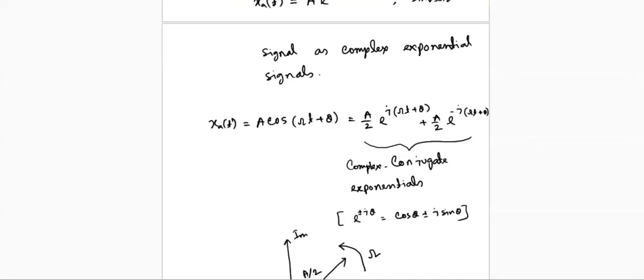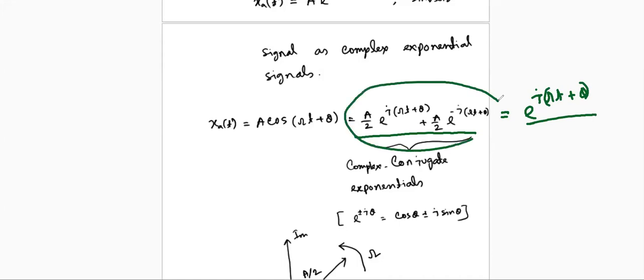Okay. Now in the second case, how can we represent the same thing? That means this equation equals e to the power j omega t plus theta. Always neglect the theta part just for simplicity, and it can also be represented by this: a by 2 e to the power j omega t plus a by 2 e to the power minus j omega t. So how can it be justified?